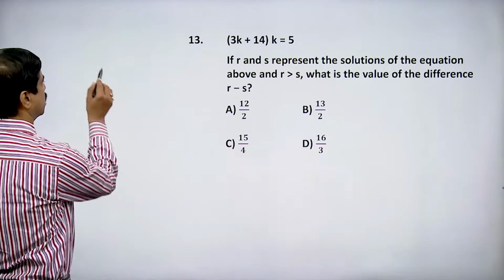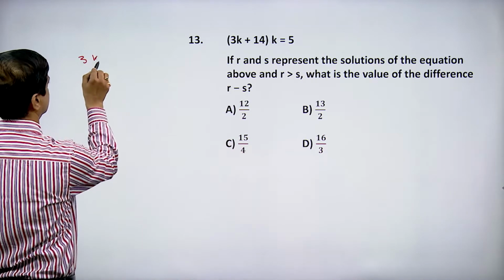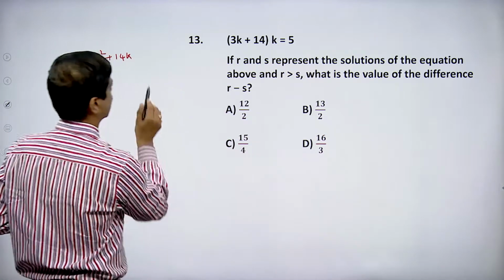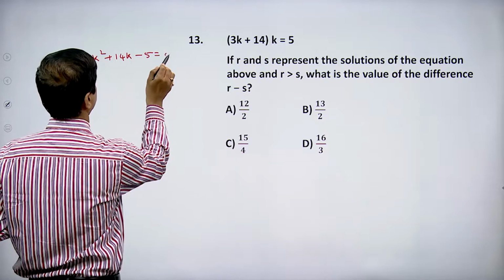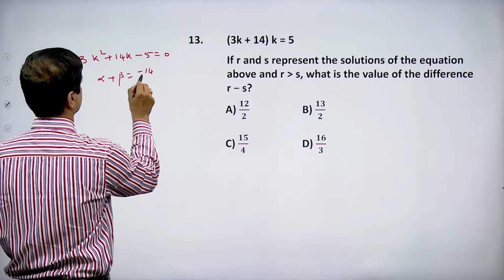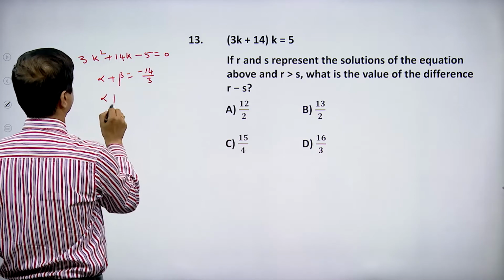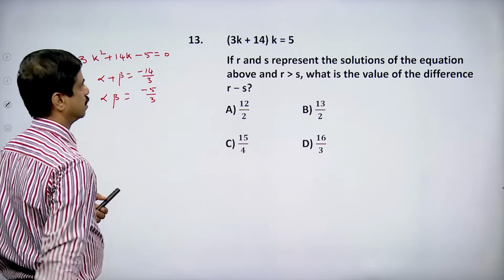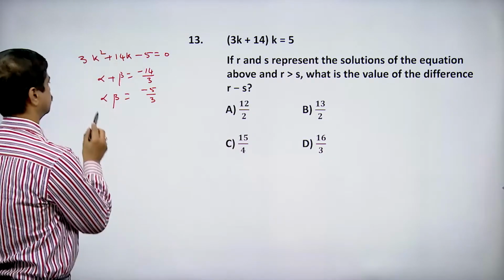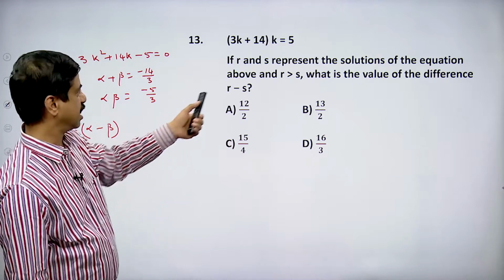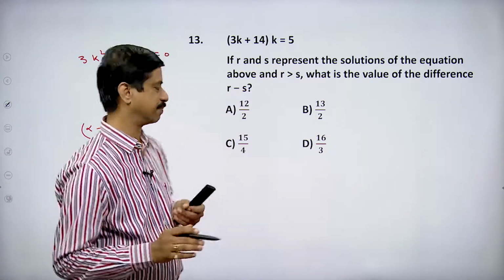So children, what is that equation written as? 3k square plus 14k minus 5, correct? What is sum of roots? Minus b by a. What is product of roots? c by a. So difference of roots, alpha minus beta. See, I am using alpha beta, here we are using R S, it does not matter.